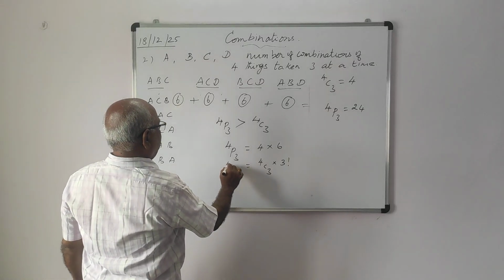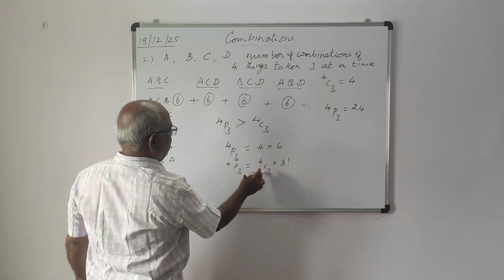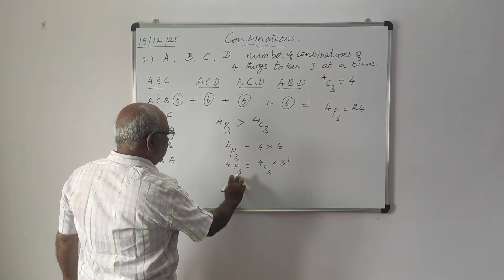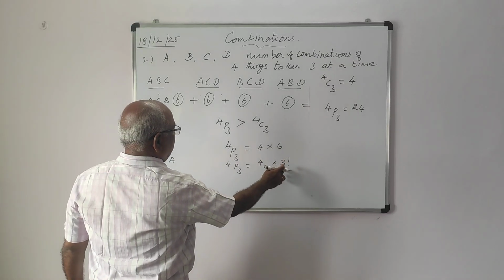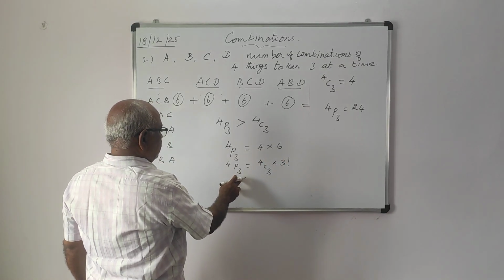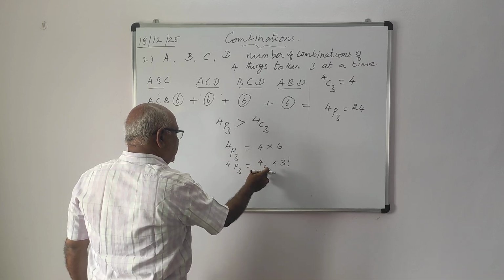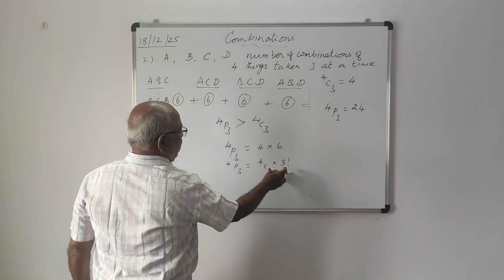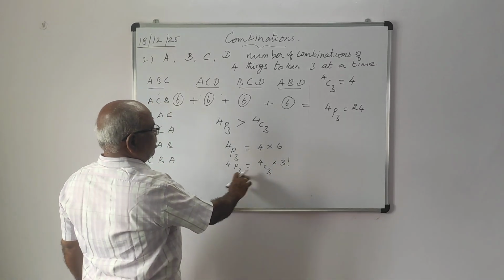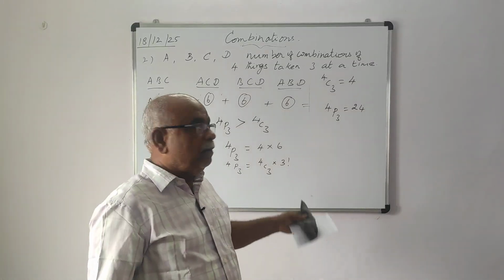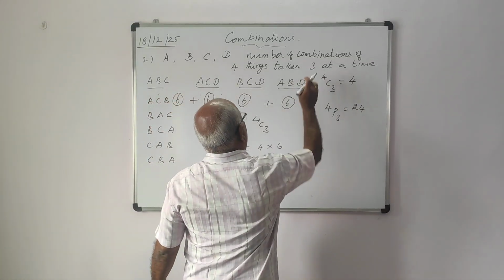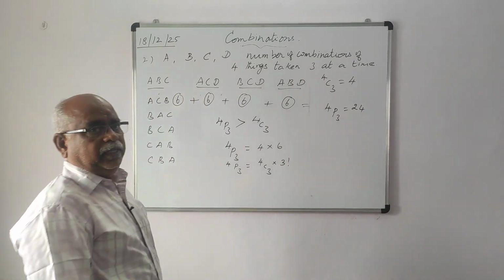So 4P3 is equal to 4C3 into 3 factorial. The number 3 is multiplied as a factorial. That is, 4P3 is 4C3 multiplied by 3 factorial. In general, the number of selections in the combination, into factorial times of 4C3.